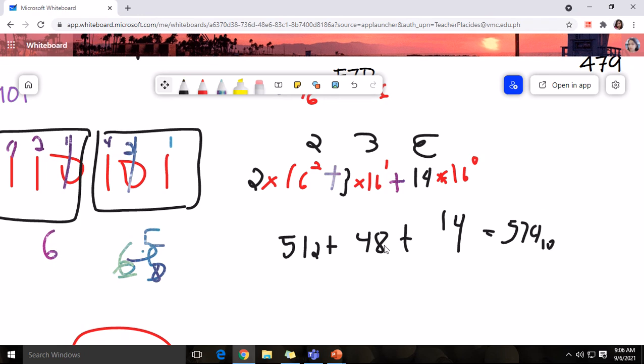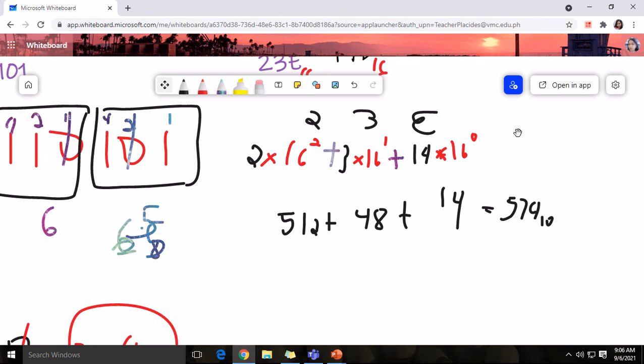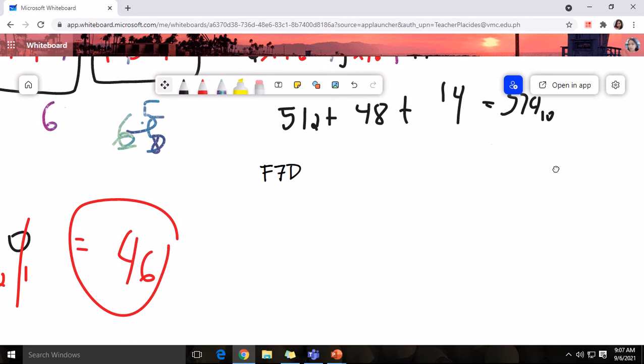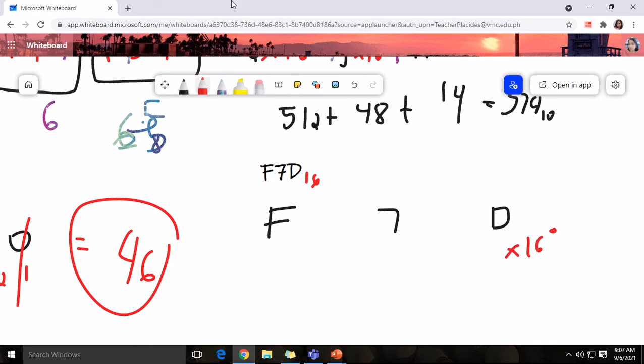Okay? So, another example: F7D. I will copy the F, and then I'll copy the 7 and the D. I put 16 raised to 0, always for the first digit because it is hexa, multiplied by, and then plus, and then 16 raised to 1, and then 16 raised to 2.